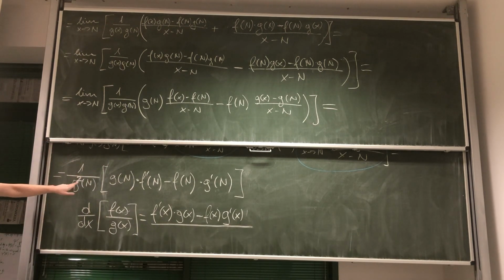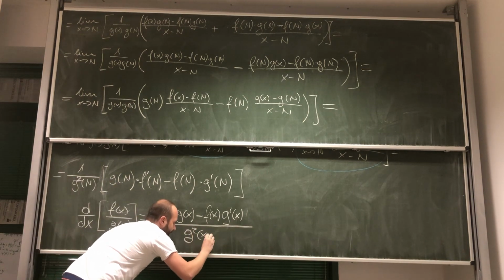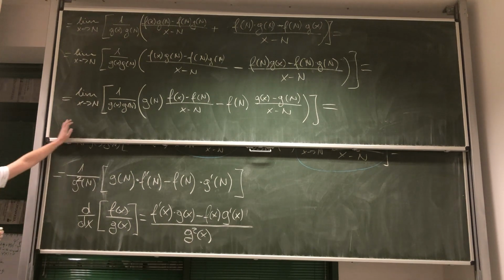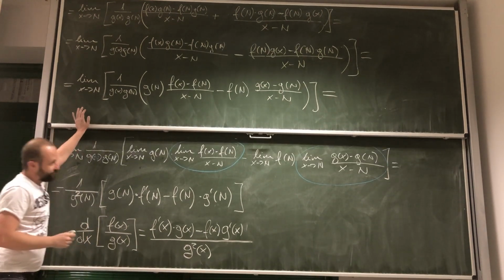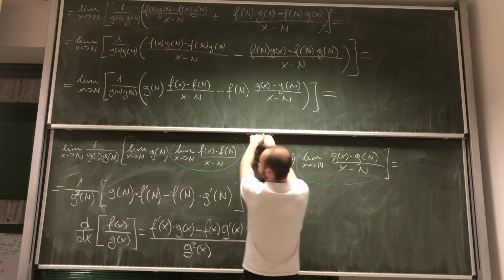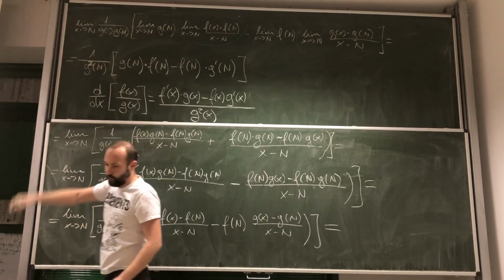Of course, remember, here there should be a square. Okay, so with this, we have actually proven the quotient rule. And you see the quotient rule over here.